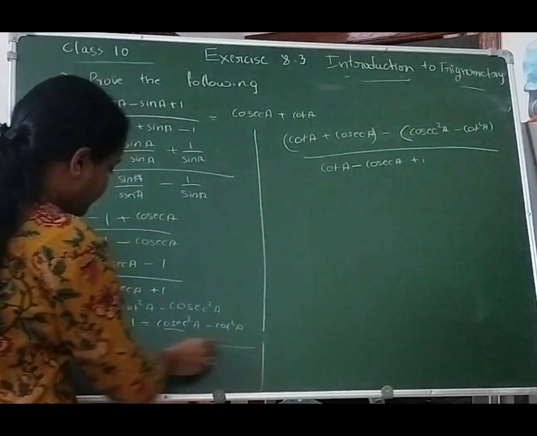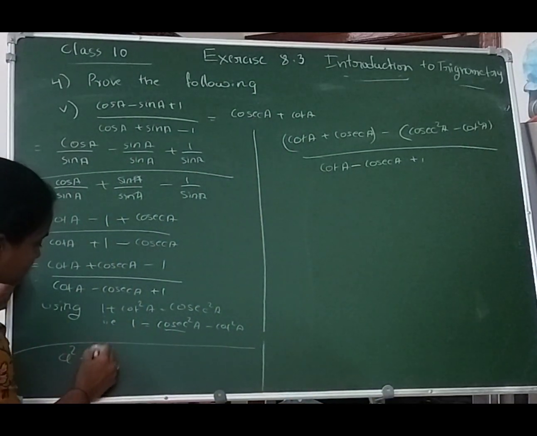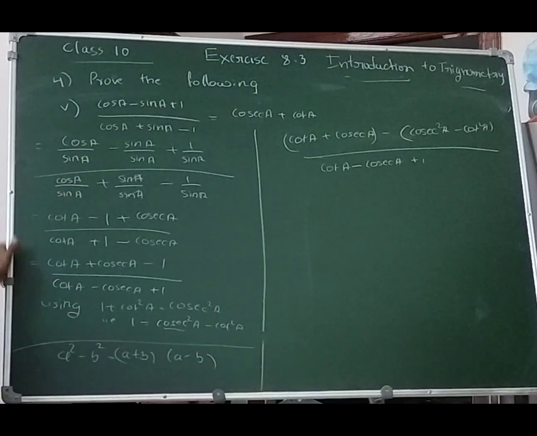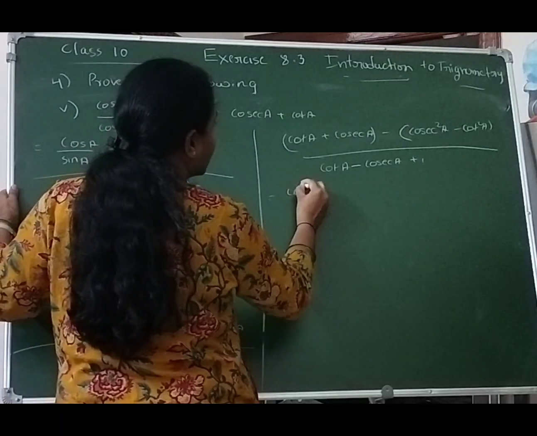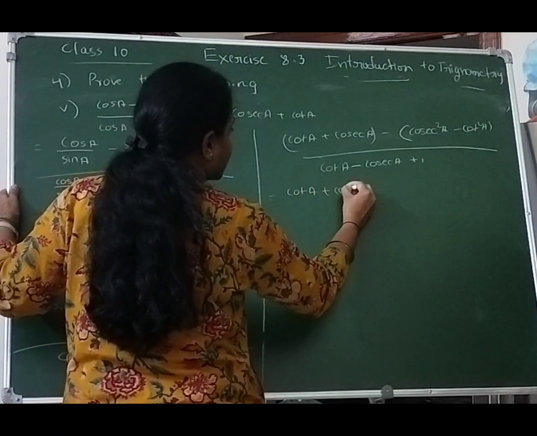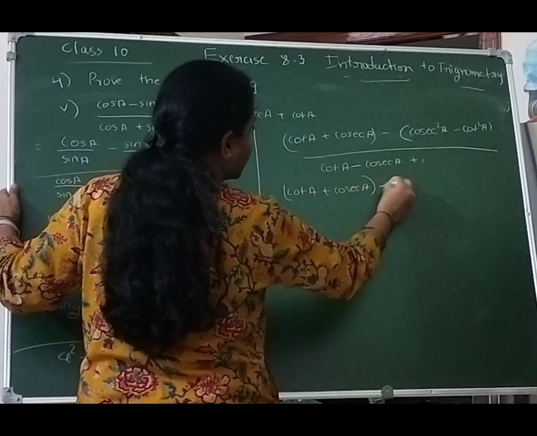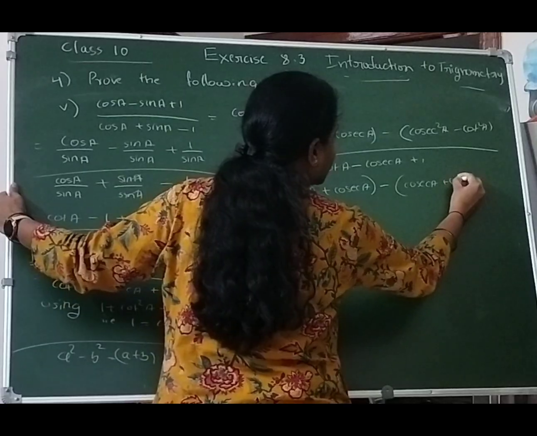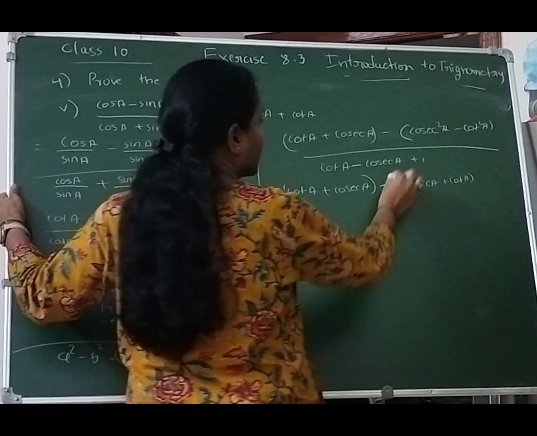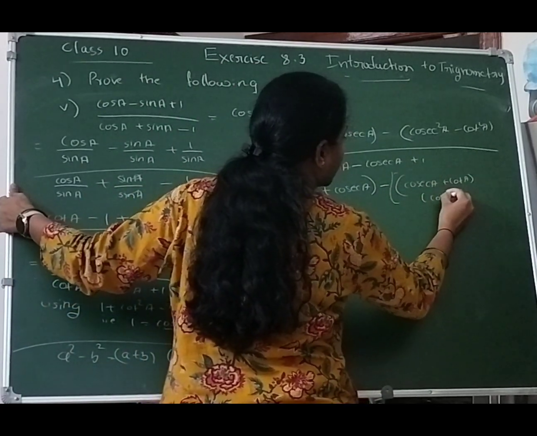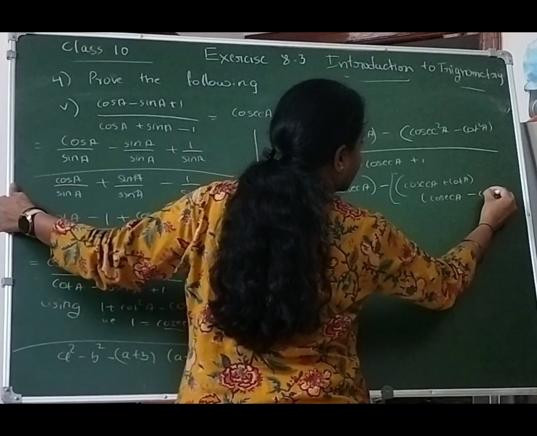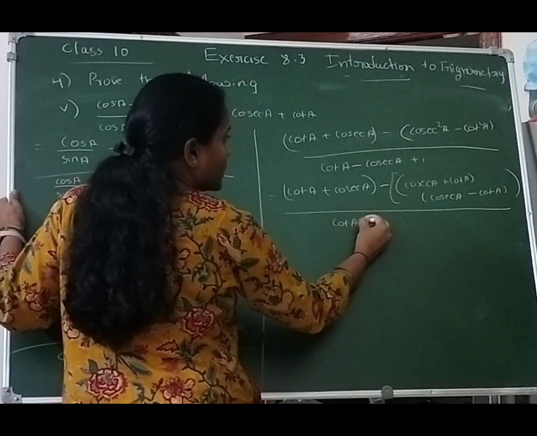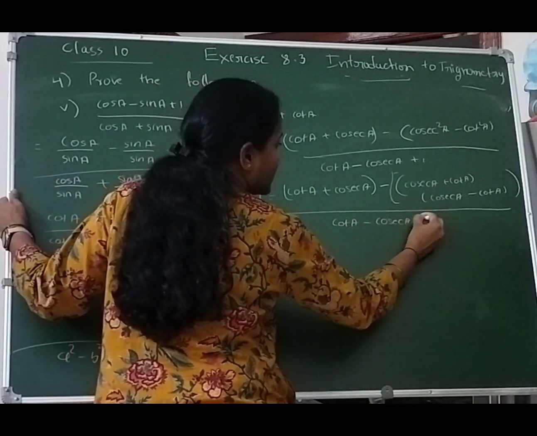So that is in the form of A² − B². What is the identity? A² − B² is (A + B)(A − B). So we can write it as cot A + cosec A − (cosec A + cot A)(cosec A − cot A), whole divided by cot A − cosec A + 1.